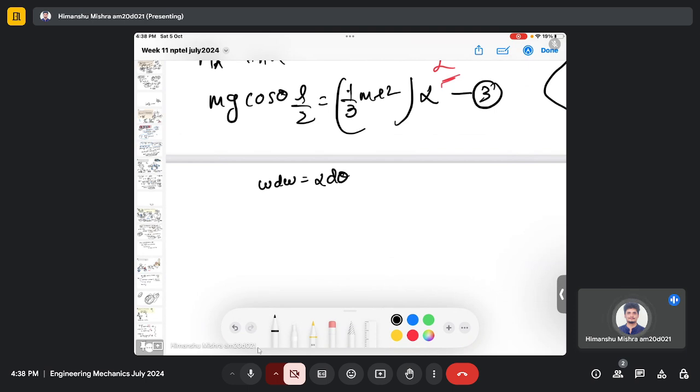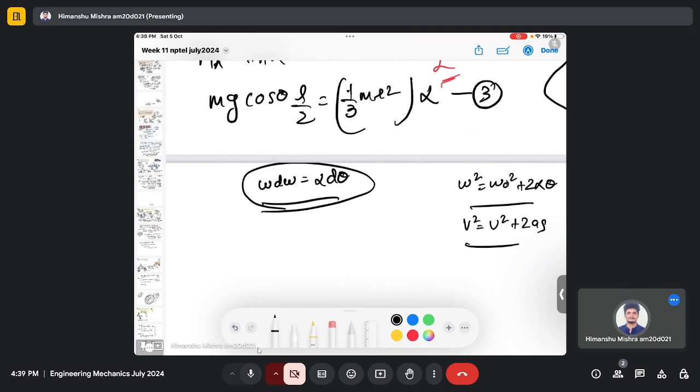From this relation, we derive the equation omega square equals omega naught square plus 2 alpha theta. This is the angular version, and in linear motion it is equivalent to v square equals u square plus 2as. So this is derived from this kind of relation.